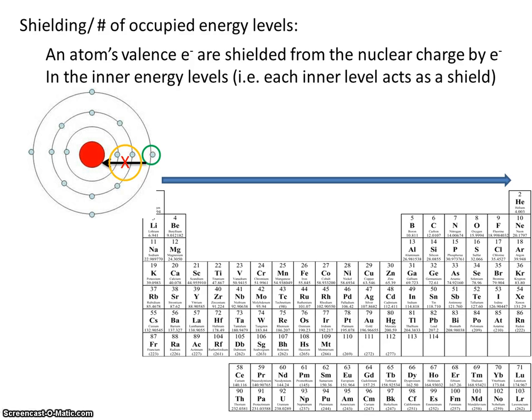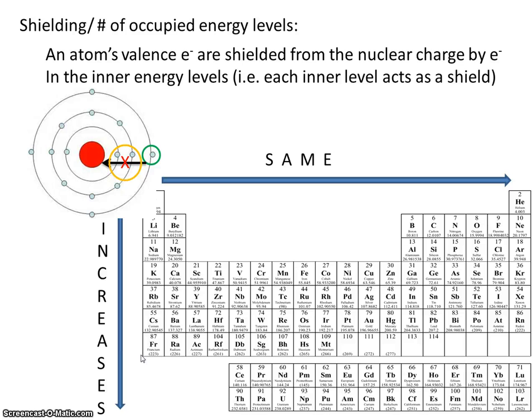The valence electrons are all in the second period, so they have the same number of shields. It stays the same. However, as you go down a group, this is the first period, the second period, the third period, 4th, 5th, 6th, and 7th. Each time you go down a group, you add a new shield. So the number of shields increases as you go down a group.